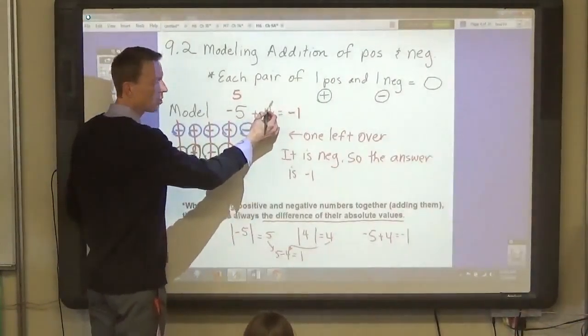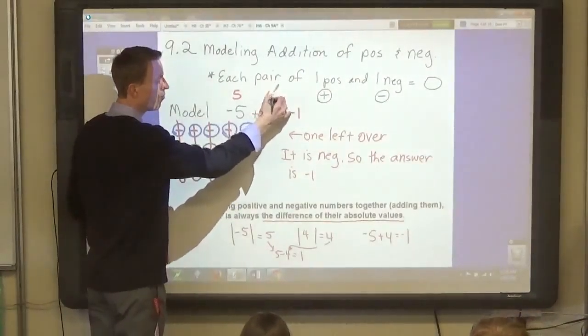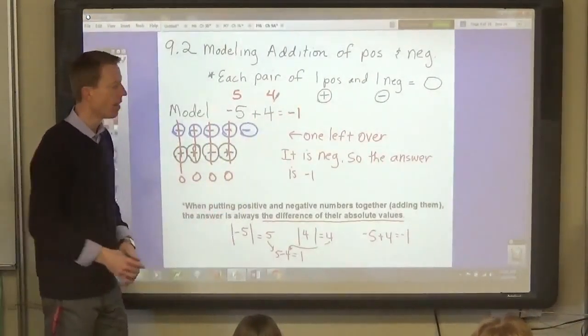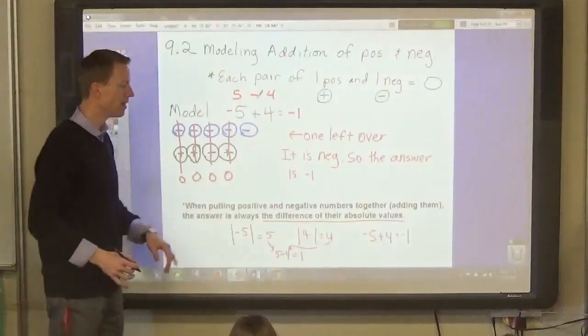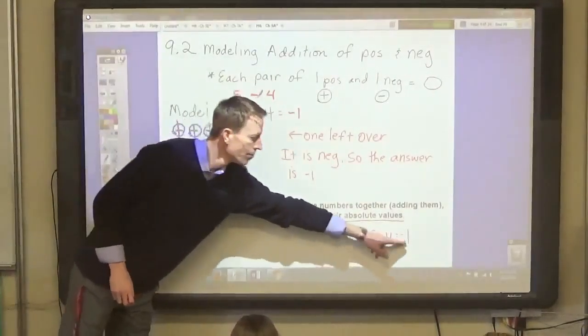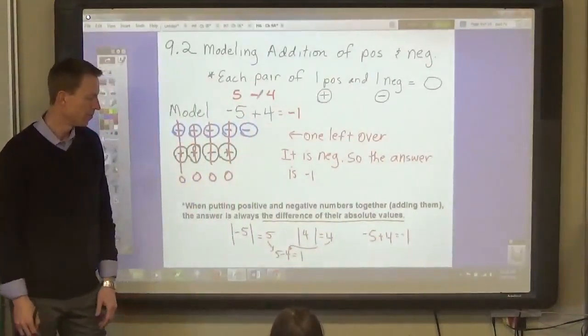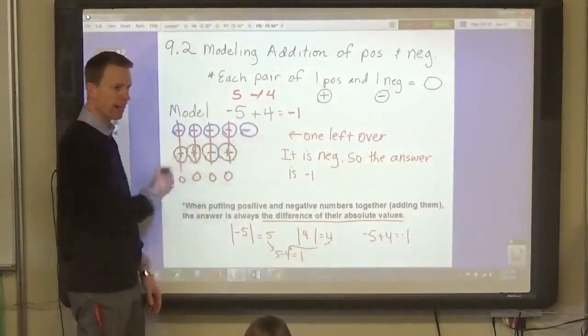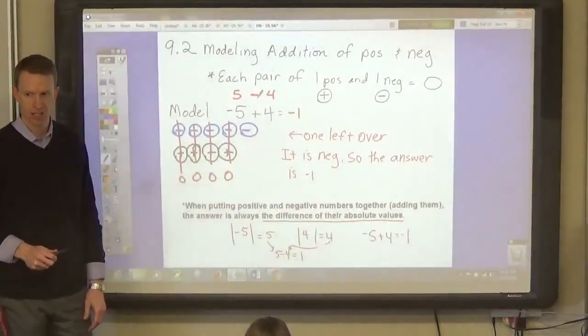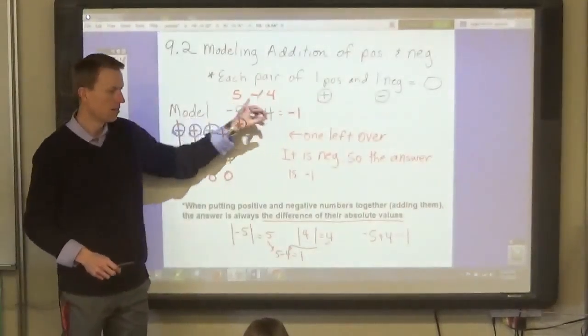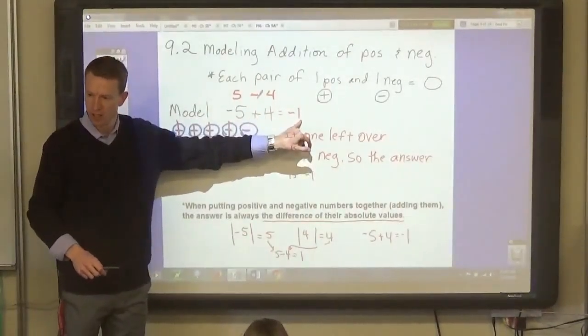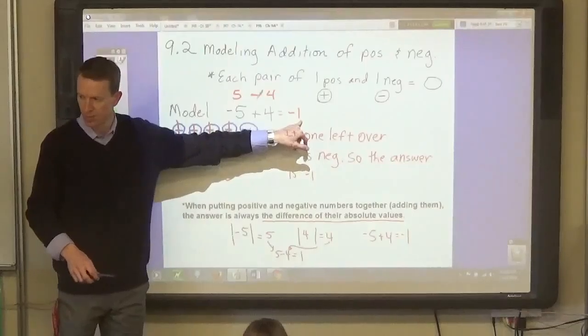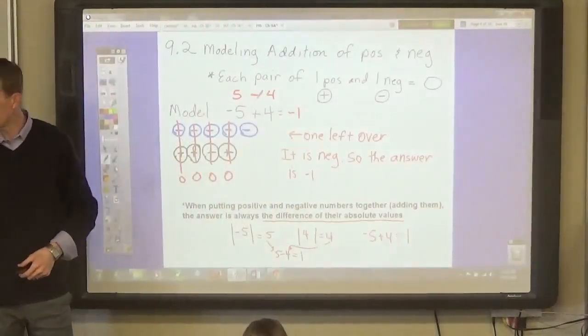And the absolute value of 4 is 4. And when you subtract them, or you find the difference between the two, it's -1. Okay? It's negative because there are more negatives. But the difference of their absolute values is 1. Alright? So, let's go to your assignment.